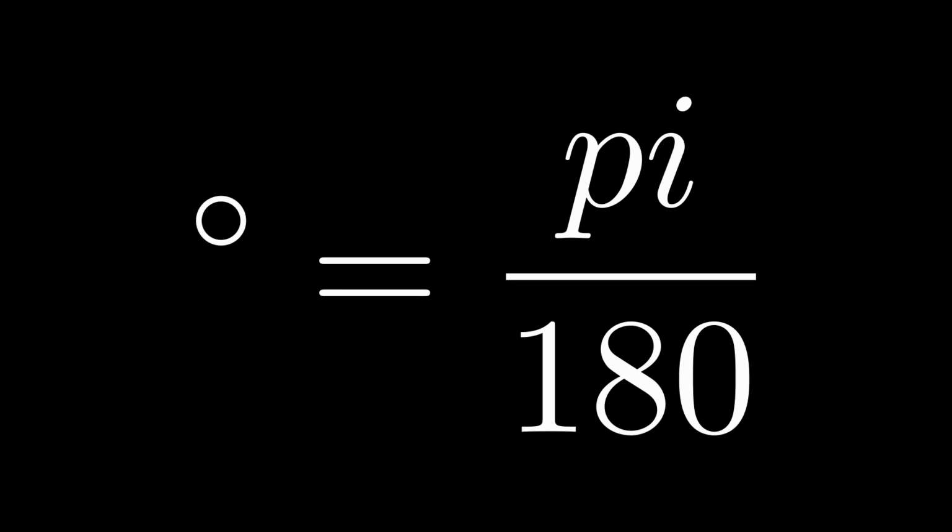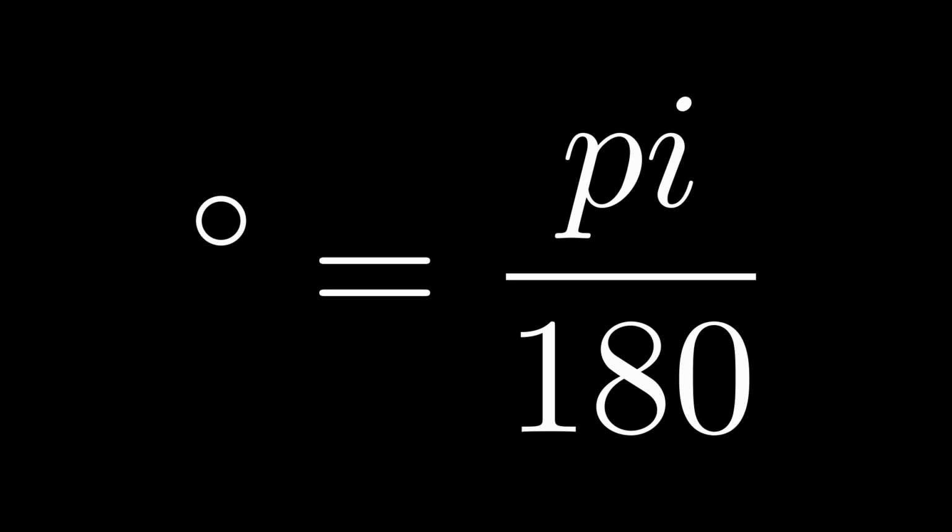But this is exactly the same thing. So when we say I have 1 mole of hydrogen, that's saying I have some amount of hydrogen atoms. But when we say I have 30 degrees, that just literally means I have 30 times pi divided by 180.